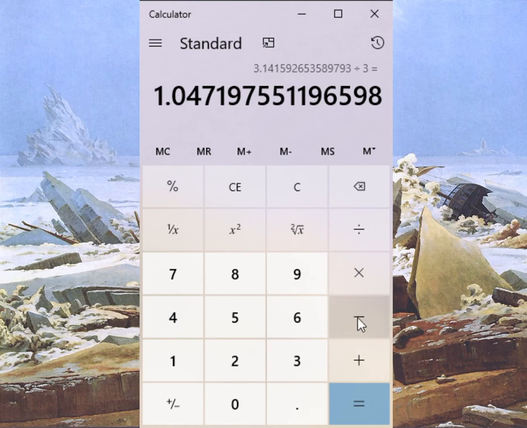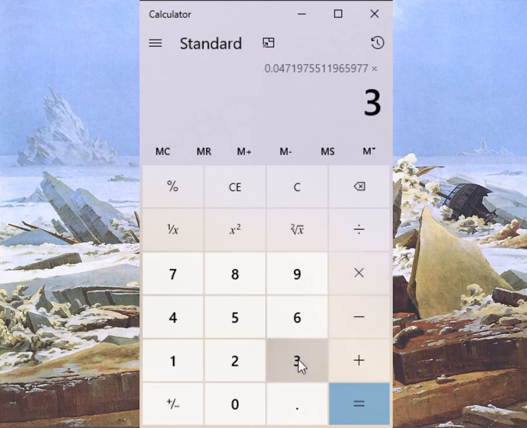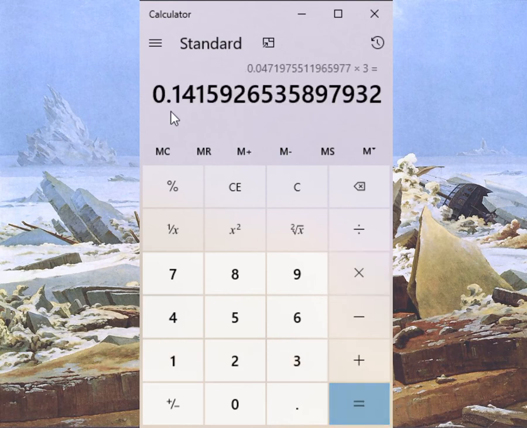So I subtract 1, I get 1, multiply by 3. That's a 0. So the first two digits are 1, 0. And now I'm back to the original scale. So that's where I put the decimal point. So it's 1, 0 point.